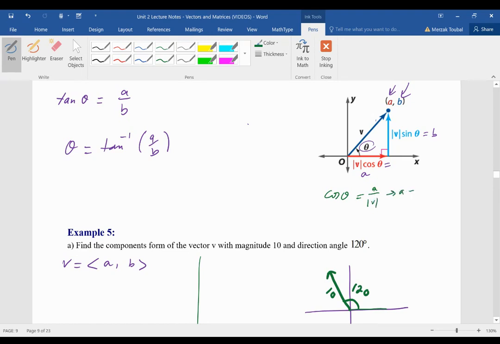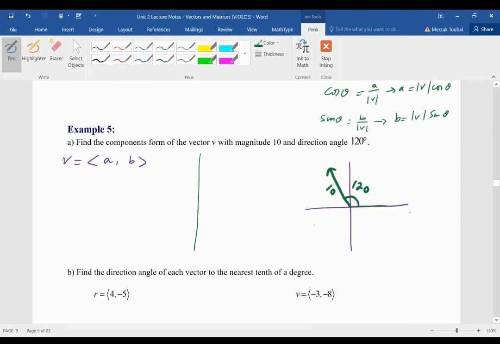So that means a equals the magnitude of v times cosine theta, as you see it over here in red. Same with sine of theta is b over, so the opposite, which is b divided by the magnitude of v. So that means b equals the magnitude of v times sine of theta. So I'm going to apply the formula directly over here.